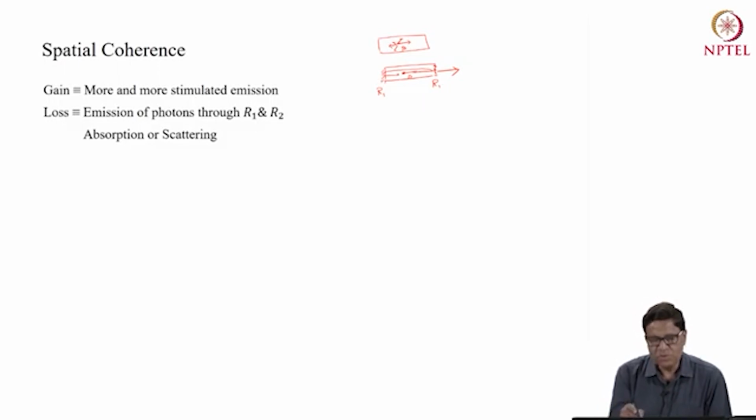So we want to have sustained oscillation and continuous output. I need to ensure that the laser acts as an oscillator, not as an amplifier. For that we need some few conditions to be satisfied that we will understand.